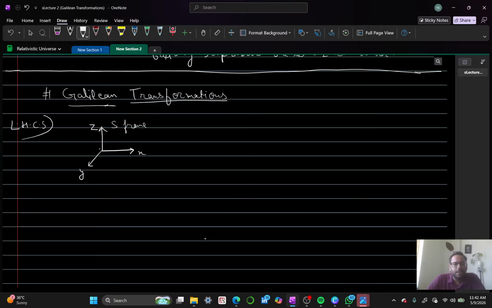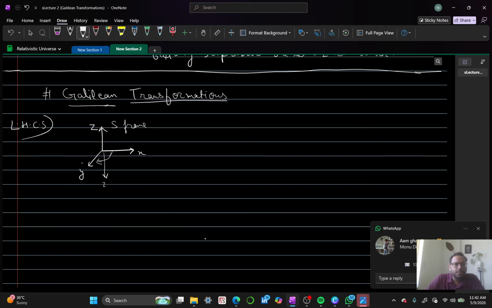So you can just hold this z-axis with your left hand and curl your fingers from x to y. You can do this easily with your left hand, but with the right hand you cannot go from x to y, and your thumb will be pointing in this direction for z.